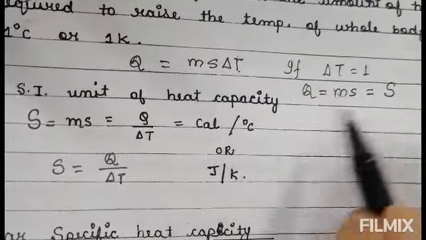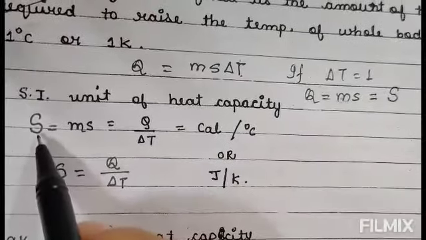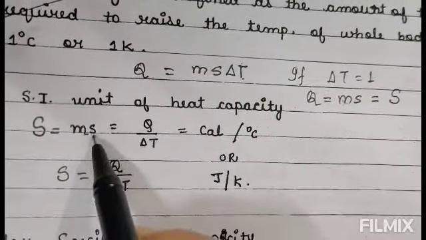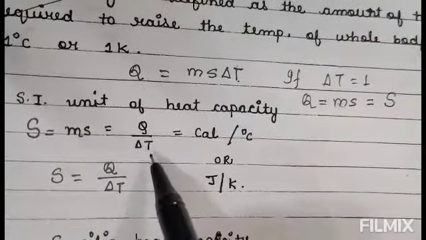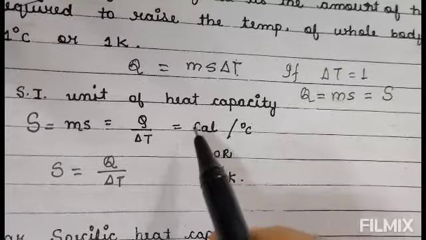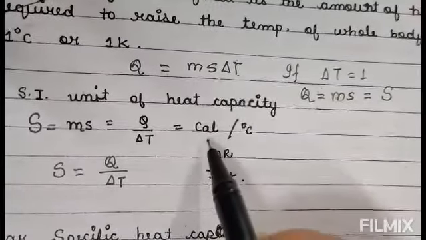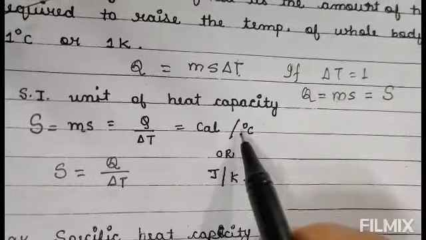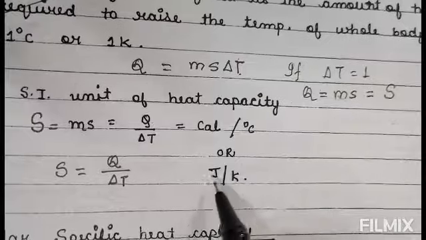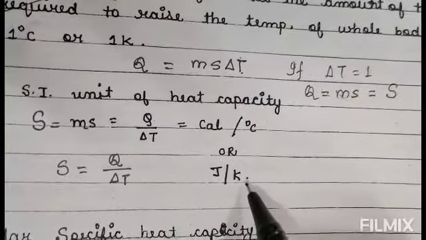So according to this we can write S is equal to m s, which can be written as Q upon del T. So the SI unit of heat capacity must be calorie per degree Celsius, or we can write joule per Kelvin.